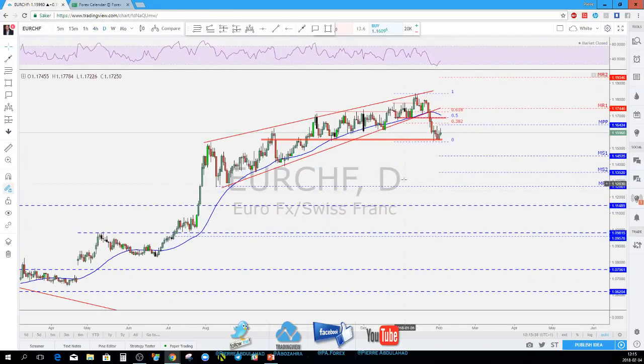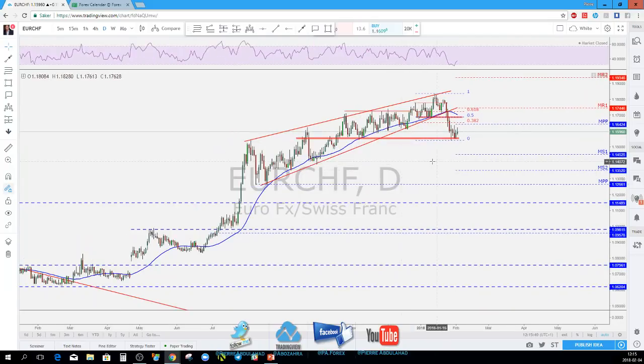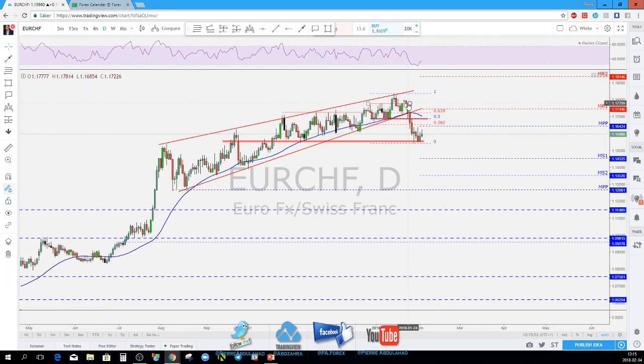Euro Chief, this wedge is now broken, as you probably saw earlier last week when we talked about it. I've been talking about this wedge for a long time, and we got a very good move to the downside with very good shorting opportunities, and we had a really nice move.